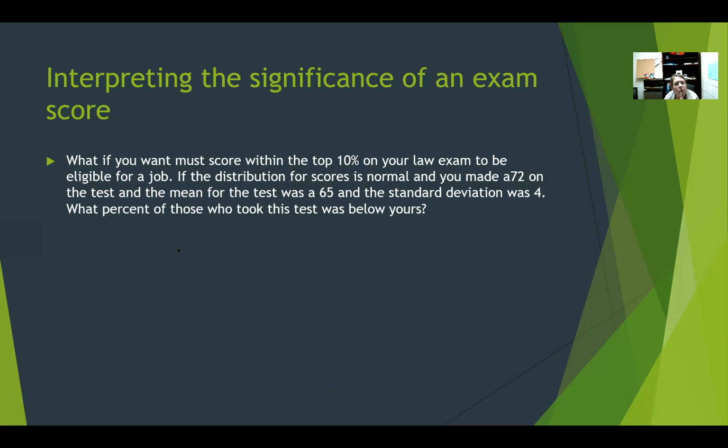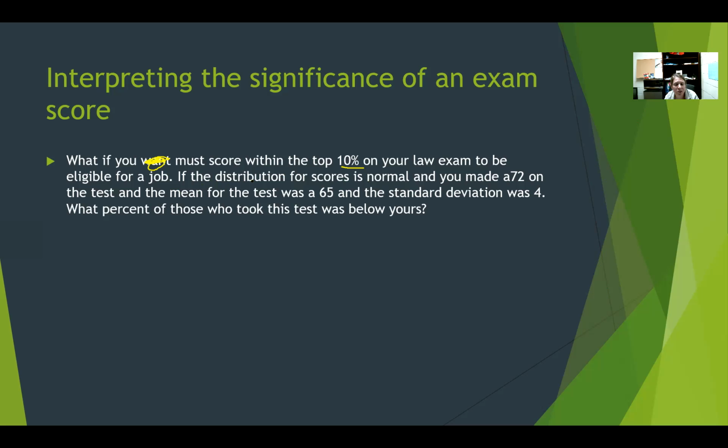All right, so let's say we are interpreting the significance of an exam score. What if you must score within the top 10% on your law exam to be eligible for a job? So you want the top 10%.